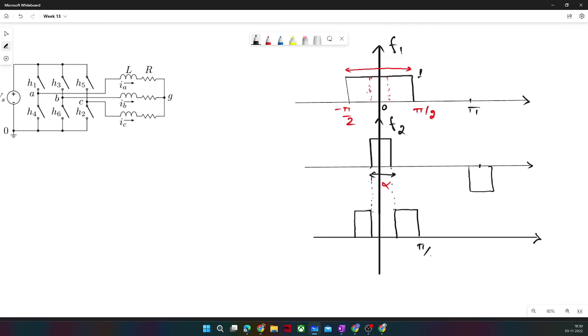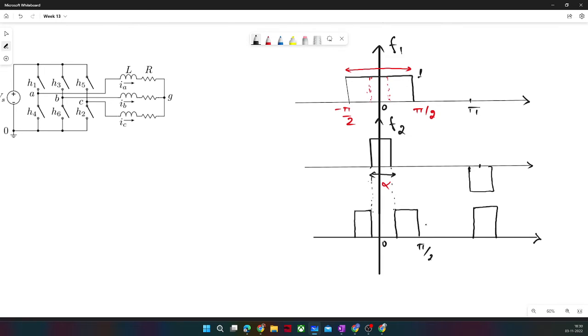This is pi by 2, 0 for alpha. And whatever is here, this portion, F1 minus F2, so this portion would go up, right? So one notch came here.